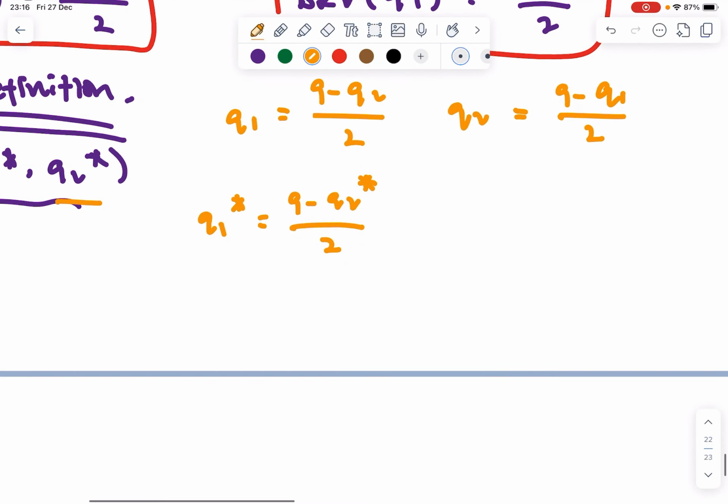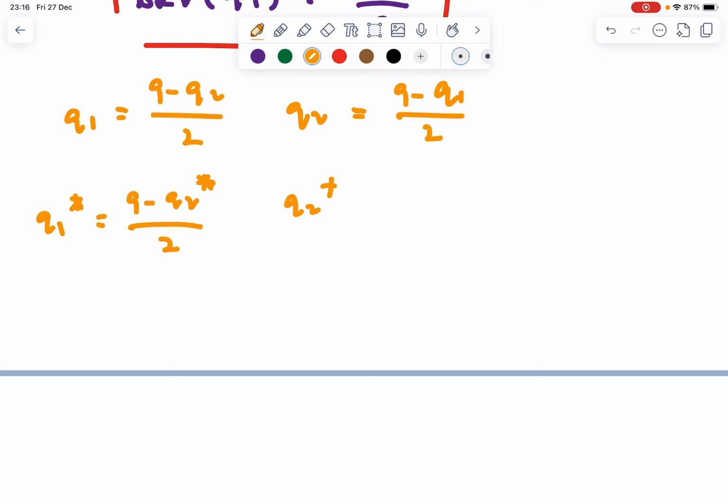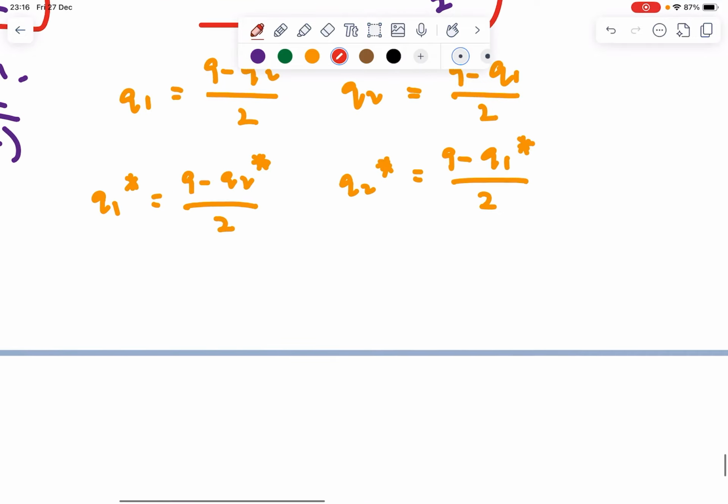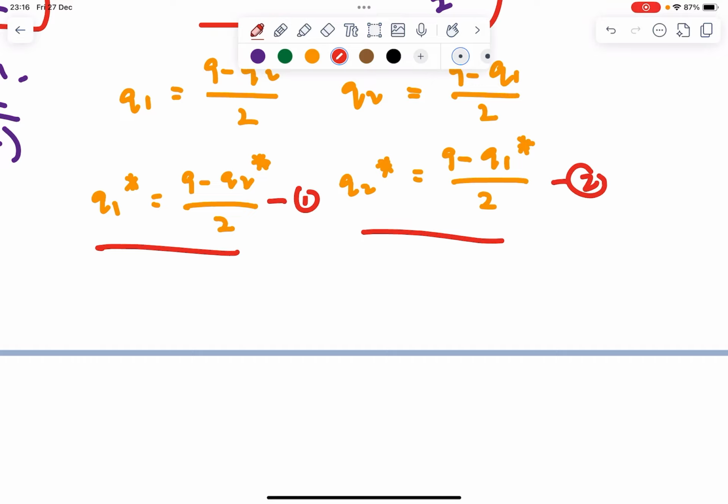The star tells us that these are the best quantities they can choose. Similarly, Q2 star equals 9 minus Q1 star over 2. For Nash equilibrium to exist, both of these equations must hold, so we solve them normally like simultaneous equations.